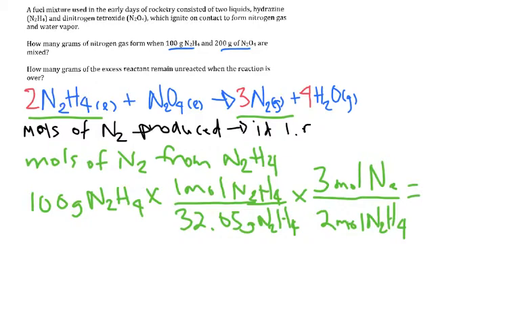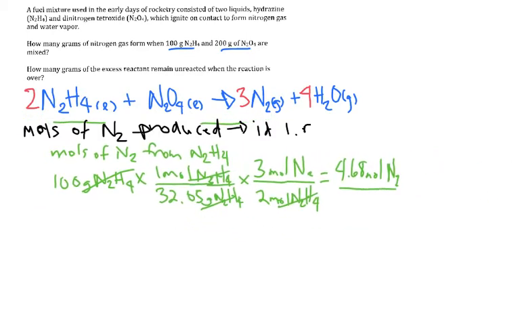And then once you punch this in your calculator, you get 4.68 moles of N2. So this tells us from 100 grams of hydrazine, it is possible to produce 4.68 moles of nitrogen gas.